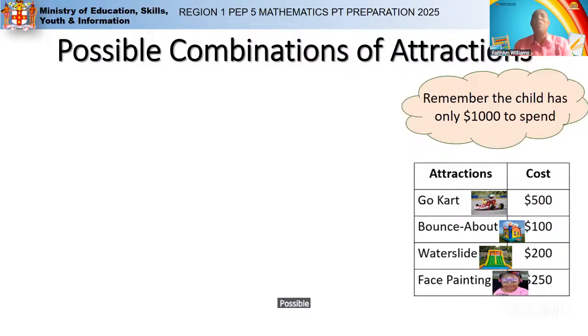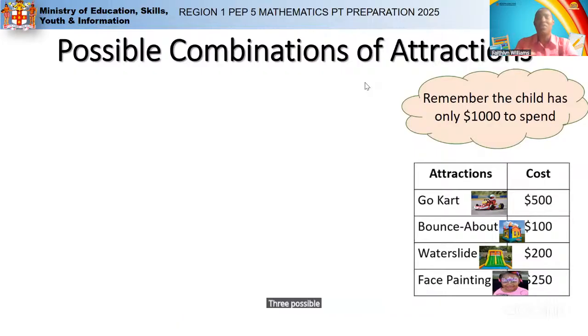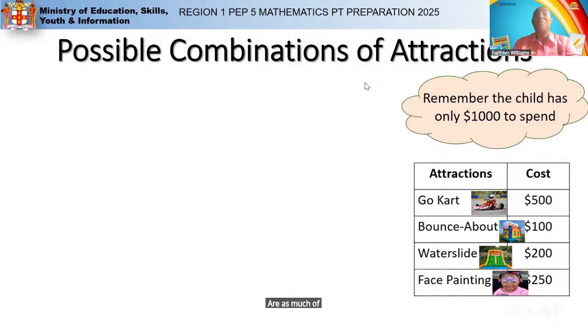I wonder what we mean by combinations of attractions. Let me just quickly go through that as you are working, because I see answers coming in already. What rides or attractions can you combine or put together that will help you to spend that $1,000, or as much of that $1,000 as is possible?